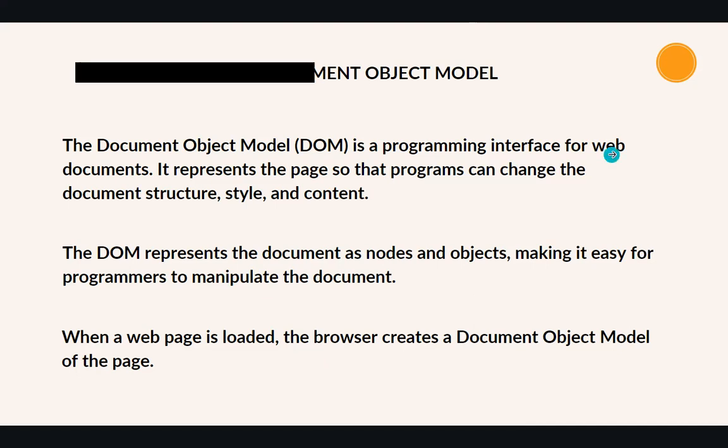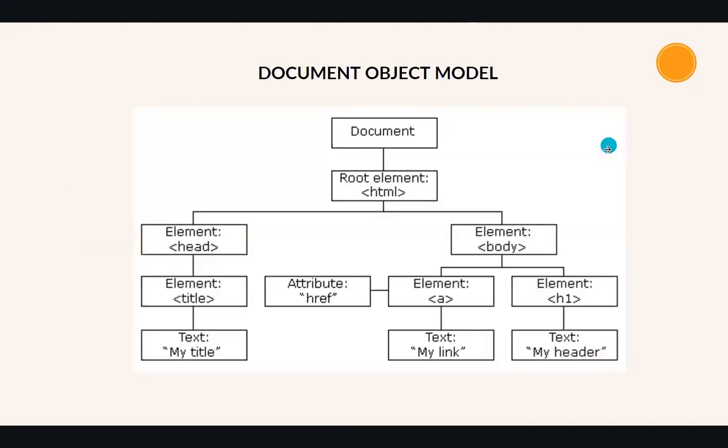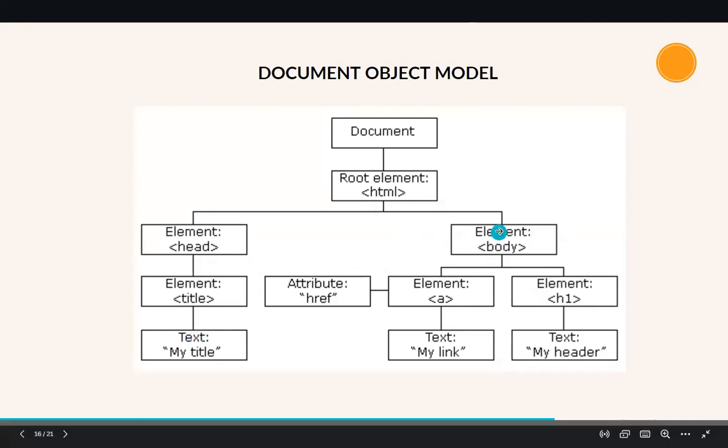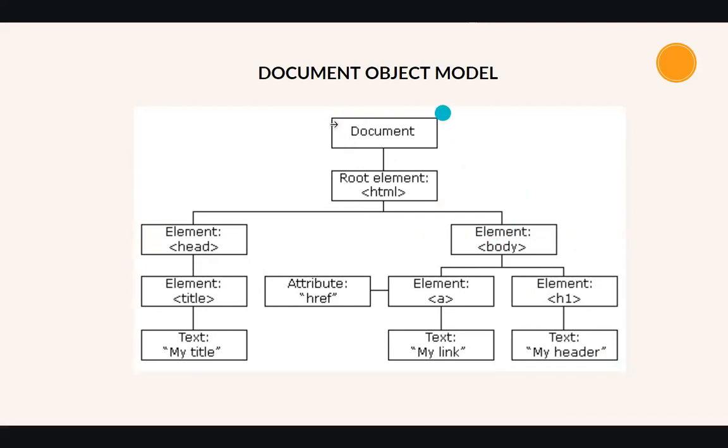So this is how, when we open up our code in the browser, the document object model is represented. The highest level is how our program is displayed. For now, we just stick to the browser because everything we do is in the browser. So our program is represented as a document. Our document has different nodes.